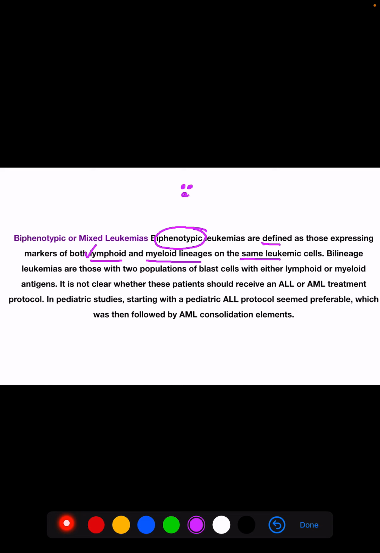Bilineage leukemias are those with two populations of blast cells with either lymphoid or myeloid antigens. It is not clear whether these patients should receive an ALL or AML treatment protocol.